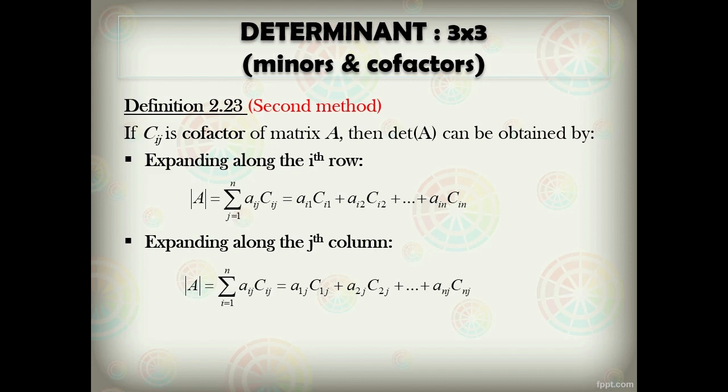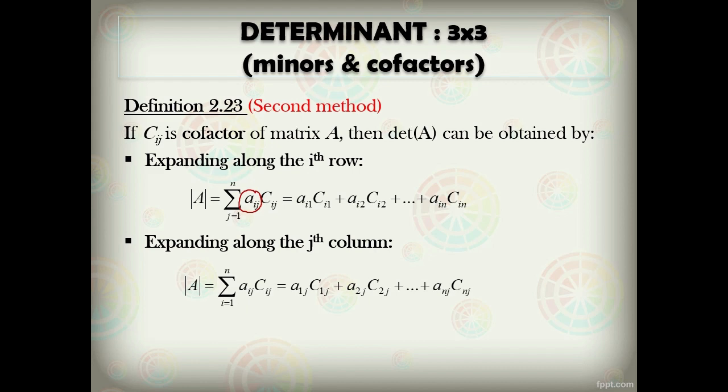You take the elements of the row or column that you choose and multiply with the cofactor of the matrix A. That will give you the determinant.